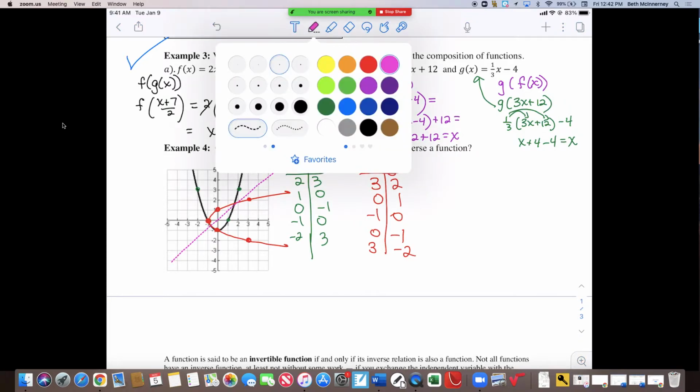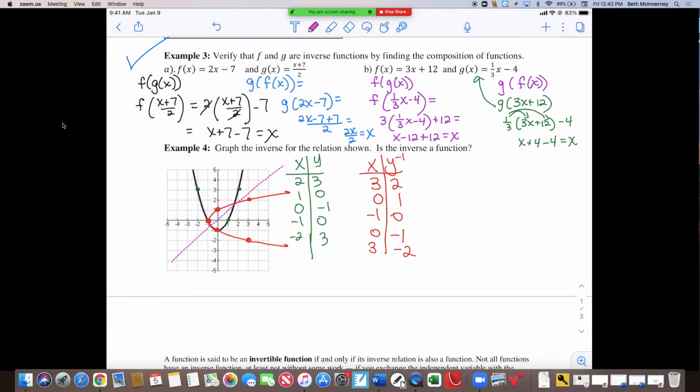Then I ask you, is the inverse a function? You have 2 methods, actually, if not 3 methods, to figure this out. You can look at the table. You see that when x is 3 in the inverse, it has 2 outputs.